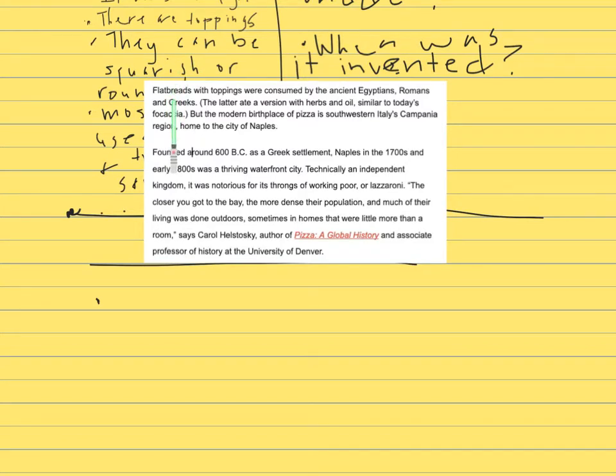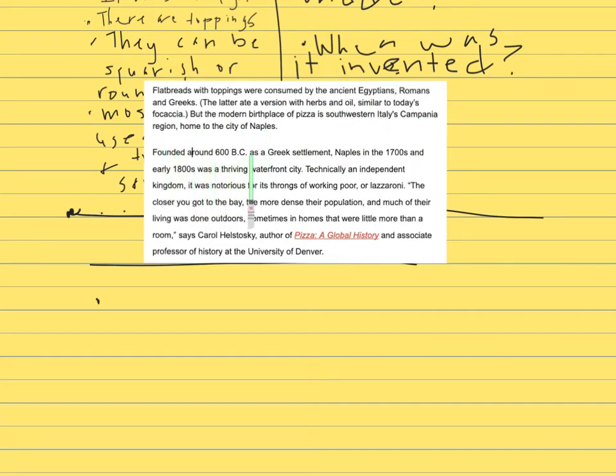So, flatbreads with toppings were consumed by ancient Egyptians, Romans, and Greeks. The latter ate a version with herbs and oil, similar to today's focaccia. Okay? But the modern birthplace of pizza is in southwestern Italy's Campania region, home to the city of Naples.